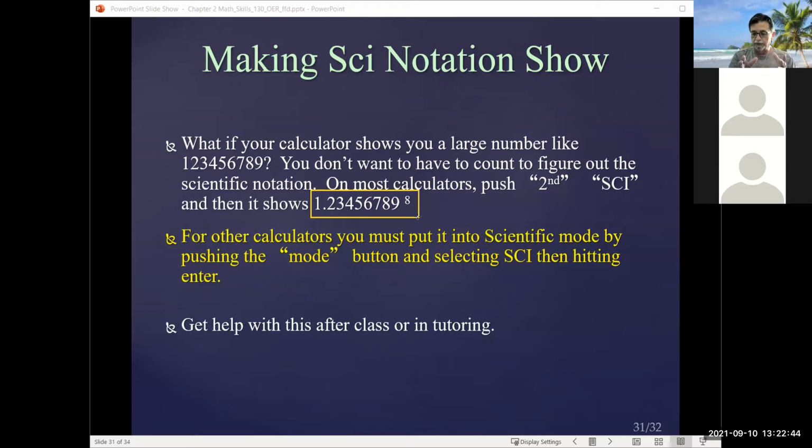That is not the correct format. If you were to present that data like that, what that means is you take 1.23456 and multiply by itself 8 times. That's not correct. So convert that format of your calculator back into the format of scientific notation to present as your answer.